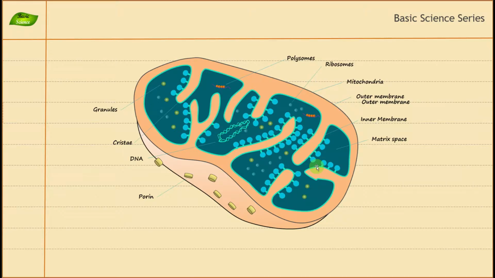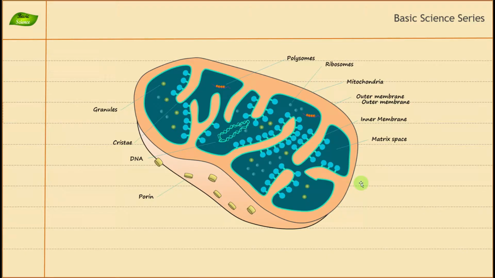But before starting the designing process, I do want to mention that mitochondria were first described by Richard Altman, and Richard Altman described them as bioblasts in 1890. After that, Benda in 1897 termed these organelles as mitochondria.